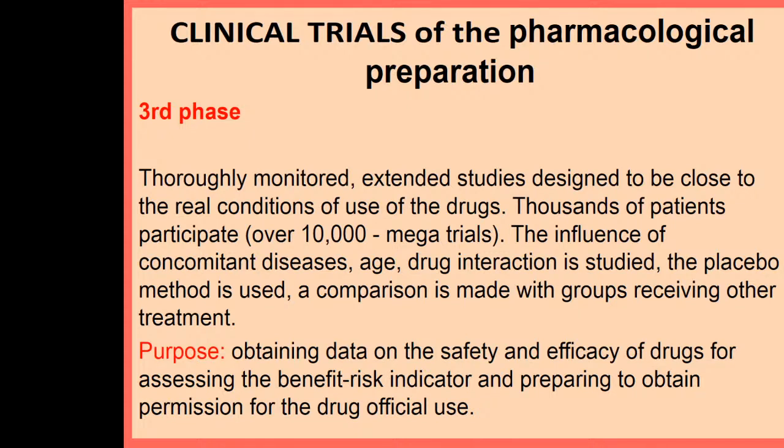In our country, in Russia, this is special pharmacologic committee in Ministry of Health of our country. So third phase is over and we can start usage of the drug in the hospitals.